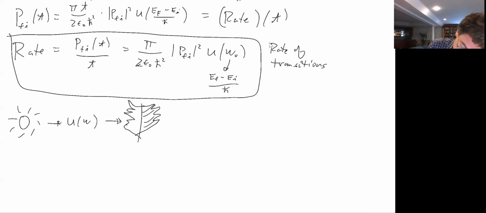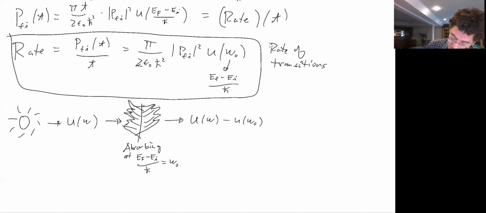You know, it's a leaf. And then the light came out, and so what you can see is that this light is absorbing at EF minus EI over h bar. And so what comes out is going to be U of omega minus U of omega naught. So basically that frequency gets absorbed.